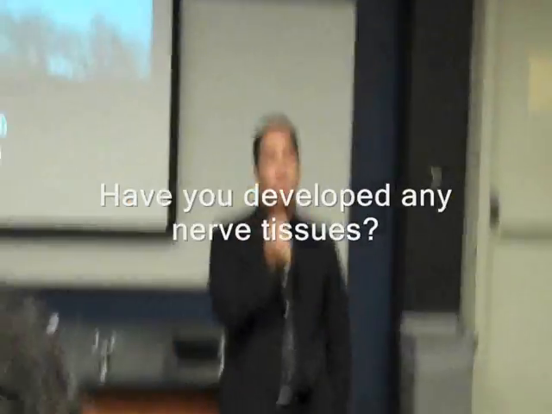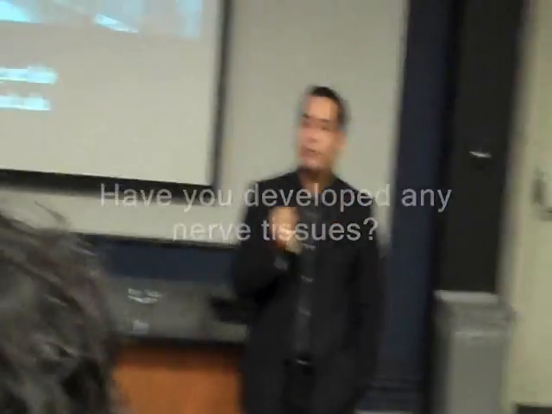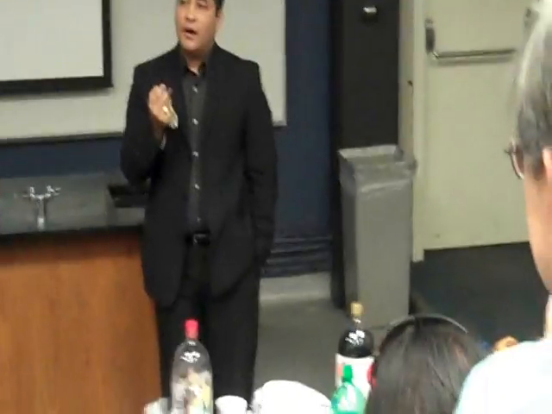Yes? Development in nerve tissue? So the question was about nerve tissue. We have worked on it a little bit. I think there's a community of people who are interested in using similar technologies for spinal cord repair, where we can try to recreate conduits where nerve tissue can start bridging this conduit, and we can put a lot of biological signals in there to induce the nerve cells to do that.